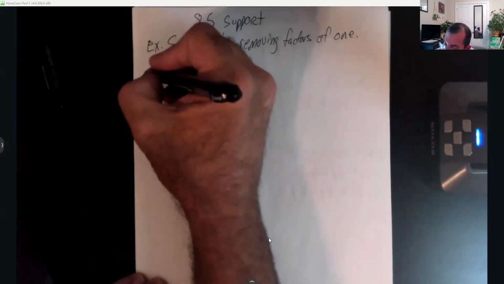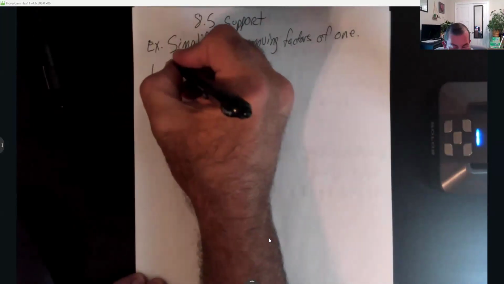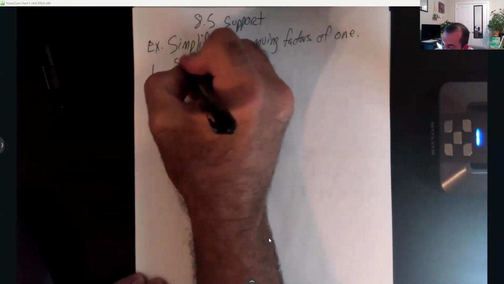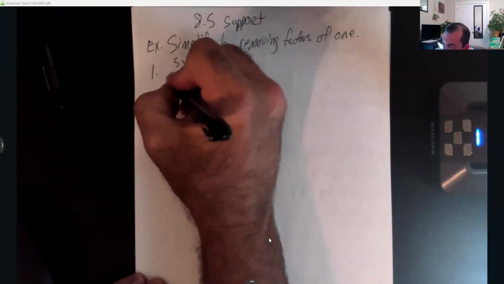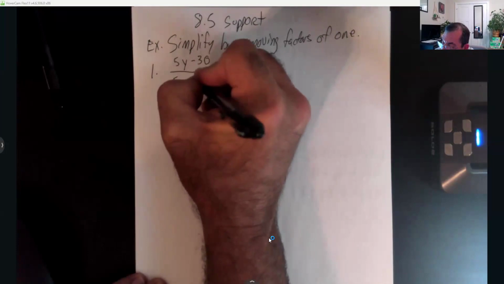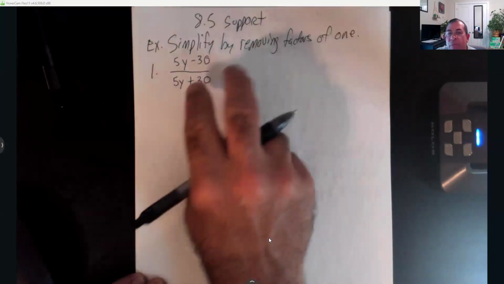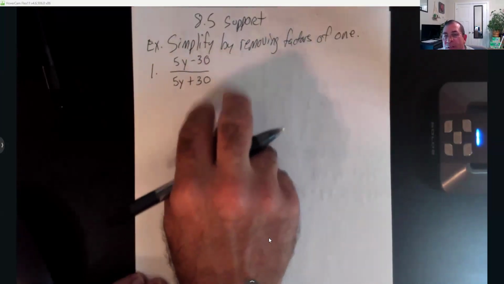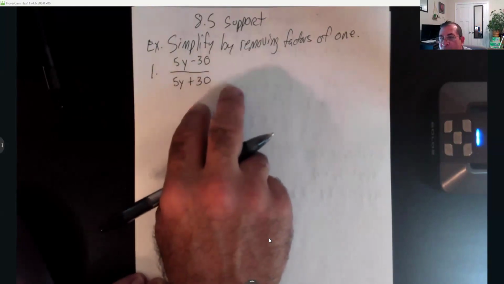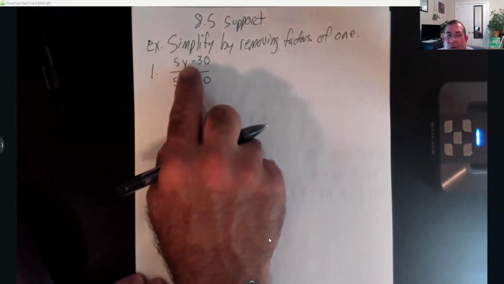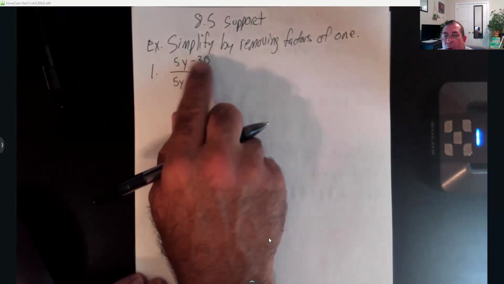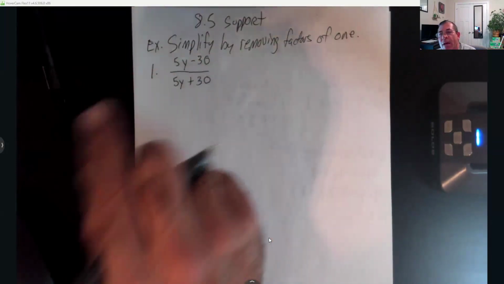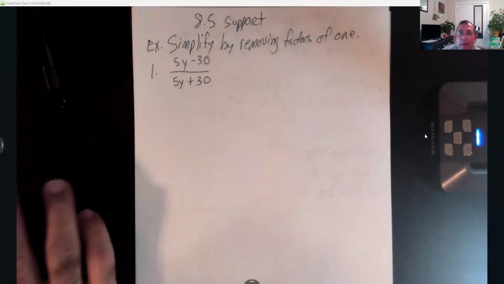So what they mean by this, say I got 5y minus 30 over 5y plus 30. The first thing we want to do to these is some type of factoring. So notice on top, you got two terms. What do the top two have in common? They both have a 5.